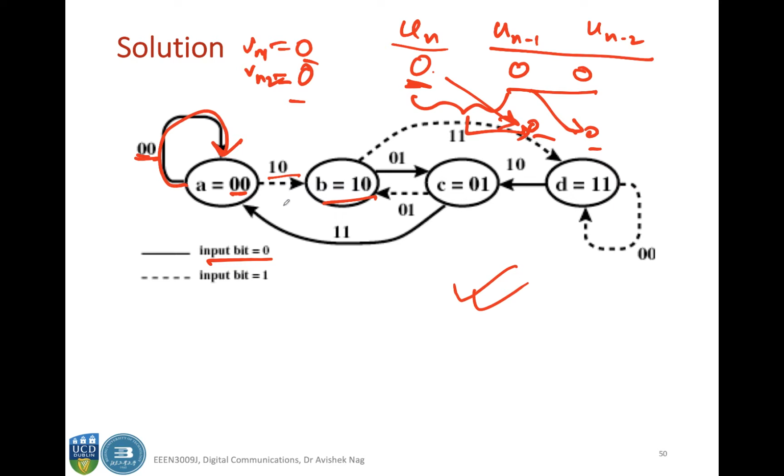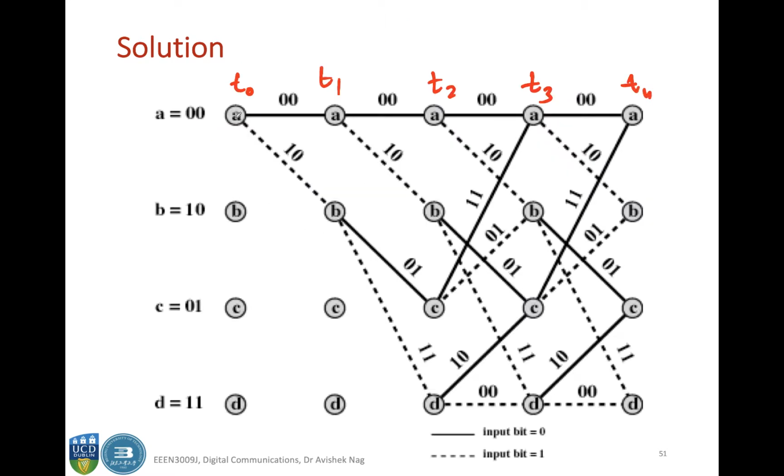Once you get the state diagram, you know that if you are at this state, then the two possible outputs will be either the same 0 0 or 1 0. So that's what is happening here. You can remain at A, or you can go to B. From B you can go to C or D. From C you can go to A and B, and from D you can go to C or remain in D. So in this way you can work out and draw the trellis diagram from the state diagram.